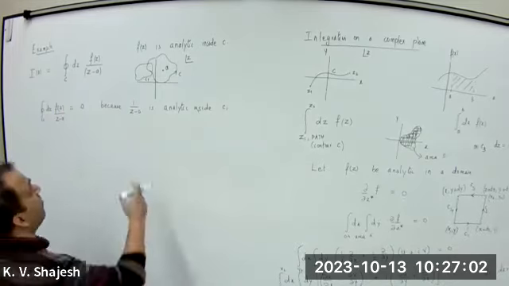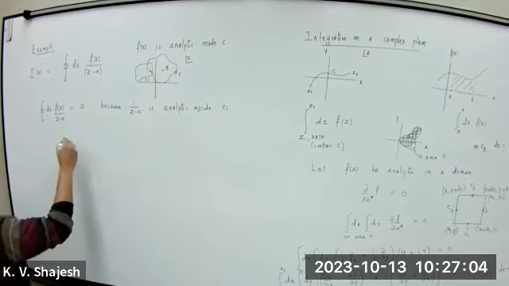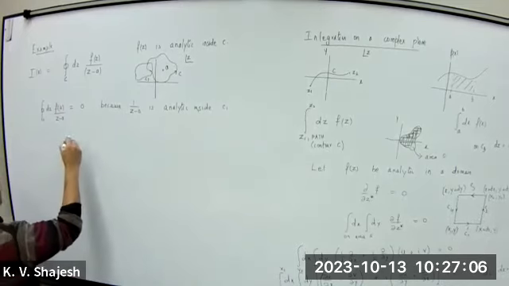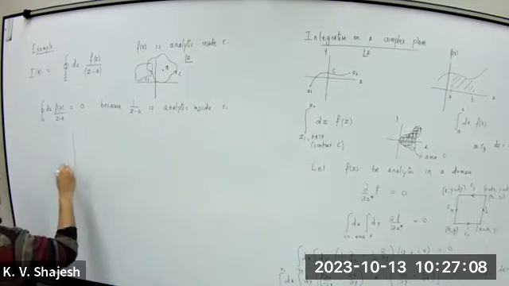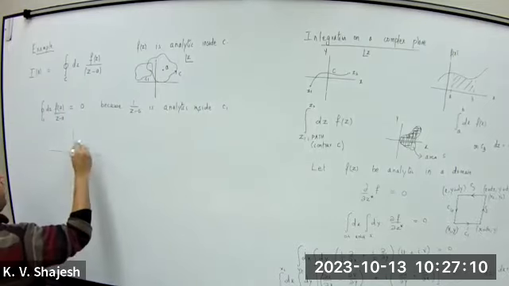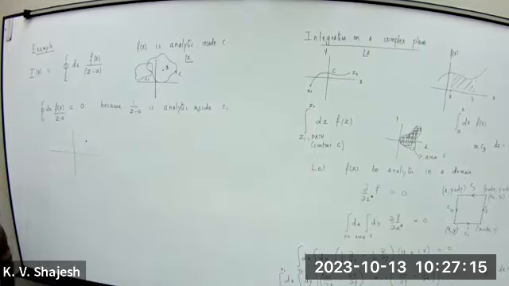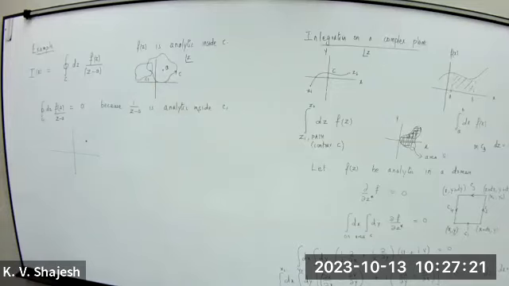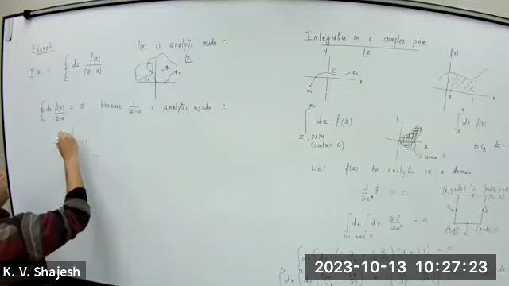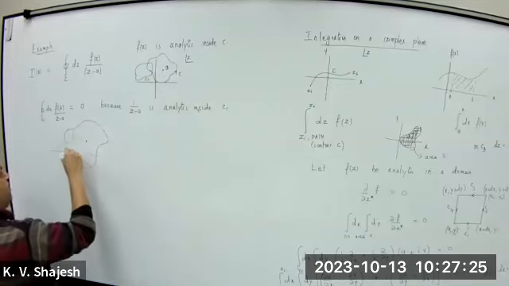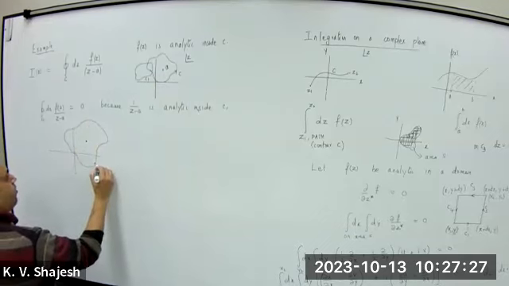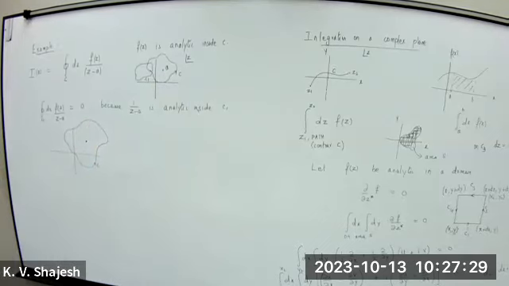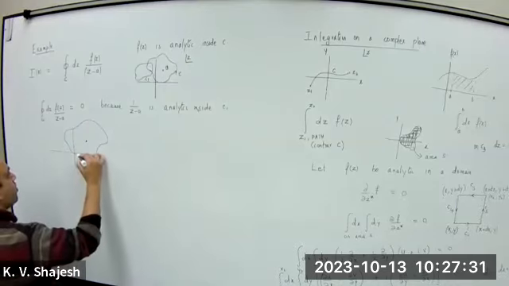So for this purpose, we do a trick again. So let's do this. So we have A. That's my point A. It is analytic everywhere except at point A. So what I do is I do the same contour C here. This is my contour C, but I change this. I introduce a new contour now.